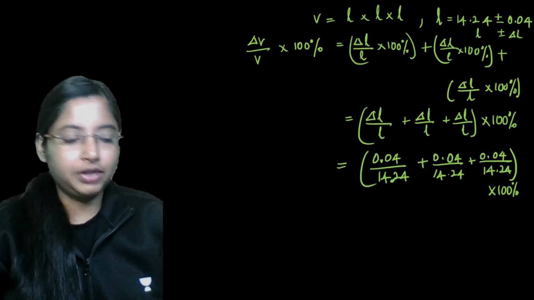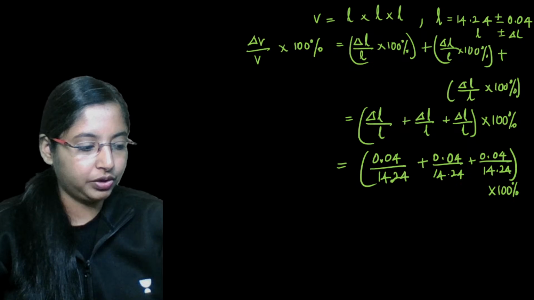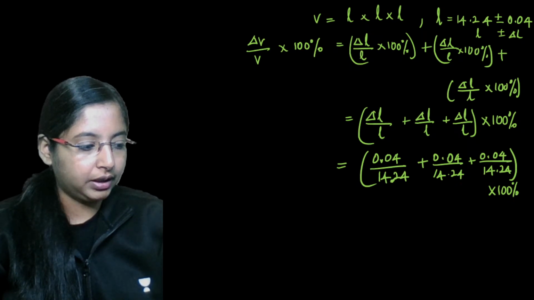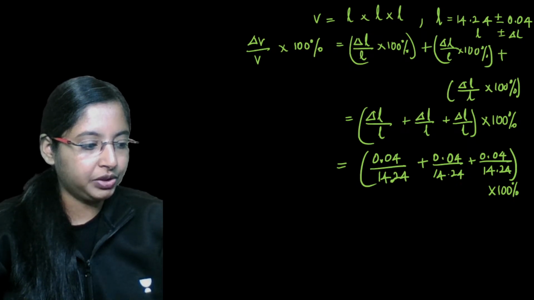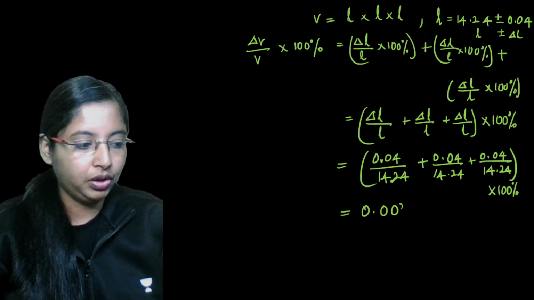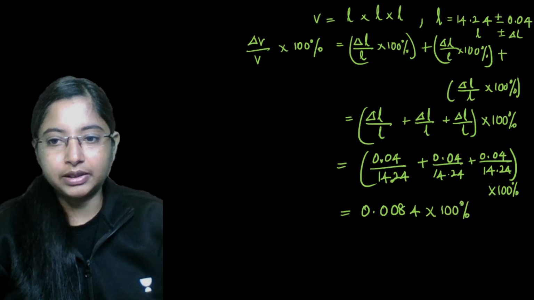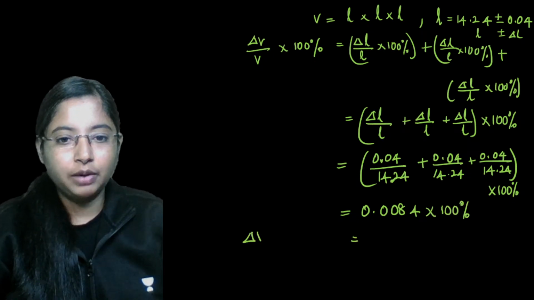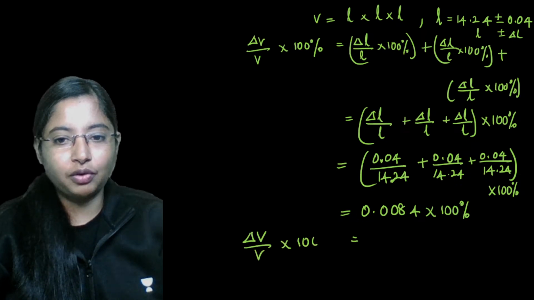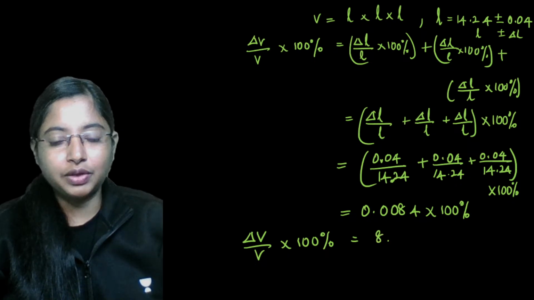If you divide this value by 14.24 and add all three terms, you will end up getting somewhere close to 0.0084, into 100%. The percentage error in terms of volume will be nothing but somewhere close to 8.1%, which is approximately equal to 8%.